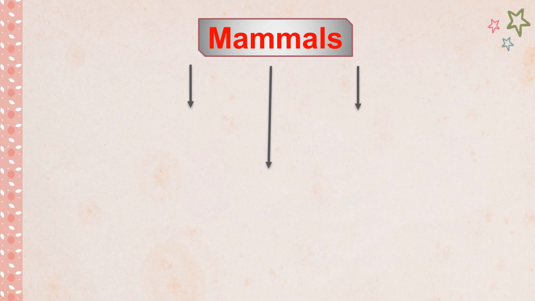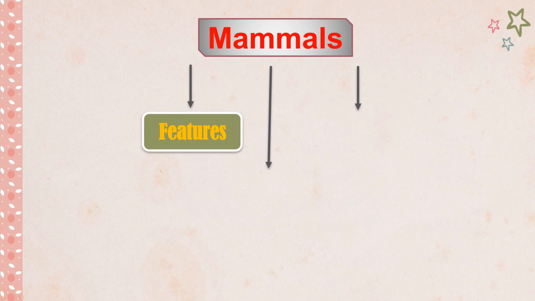Okay, now the last of the vertebrates is mammals. What are mammals? Most of this type of animal live on land, but some live in water. Okay, they include as features. Females are able to produce milk for the young.